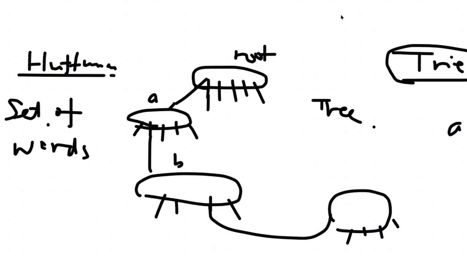And you don't repeat it because you branch out 26 ways from A to Z on each node. If there is no child in that branch, you will not create a node for it. So that's the idea of the trie. Any questions so far?